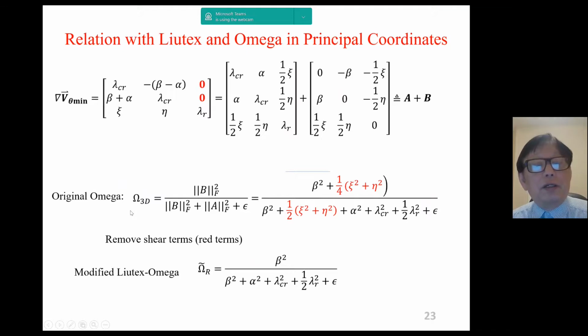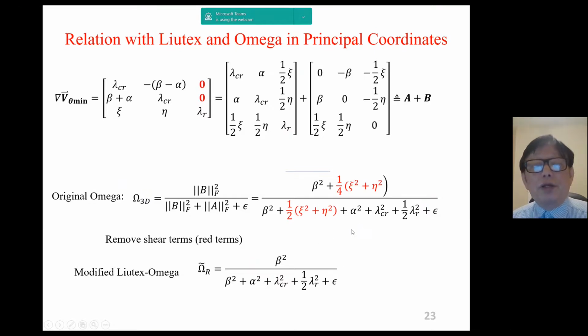The original Omega method is b squared over b squared plus a squared, which really has a lot of shears. So for the modified Nutex-Omega, just take these shears out.